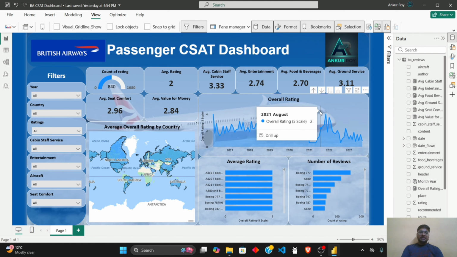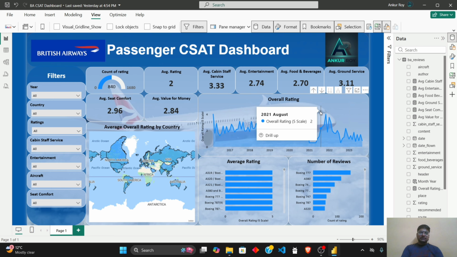From a decision-making perspective, tracking these dips alongside operational data such as delays, cancellations, or service changes can help the airline proactively identify the root causes of dissatisfaction. This allows the leadership team to intervene early rather than reacting only after customer sentiment has already declined significantly.